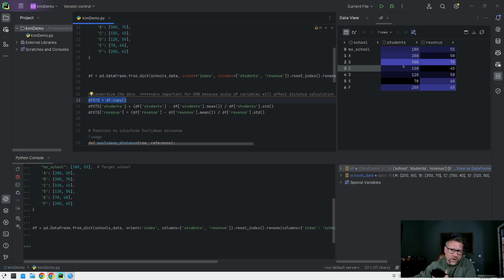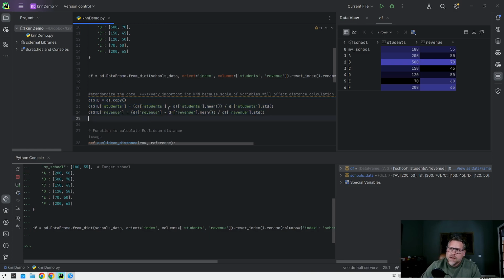And same for revenue. If it's 1, it's again 1 standard deviation above the mean. So they're all on the same scale when you standardize, and that's really important so that no one variable dominates the distance metric just based on its scale. When we put them all on the same scale, the data frame will look a little bit different.